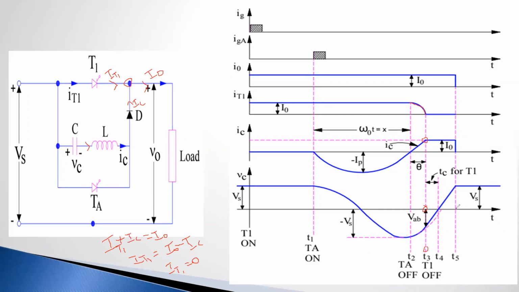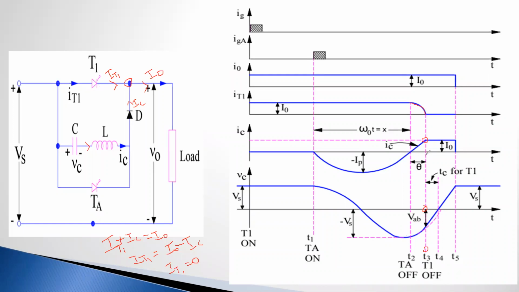When the capacitor is fully charged at time t equal to T5, there is no current flowing through the capacitor. So no current is coming from this circuit, and no current from T1, and our TA is already off. So the output current becomes 0. It is clear? So this is the way to turn off the thyristor T1.